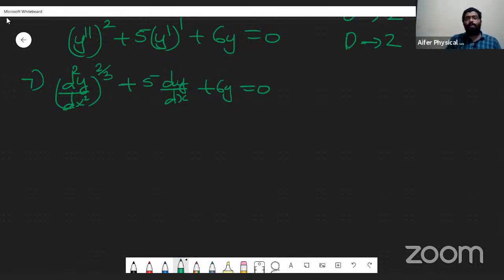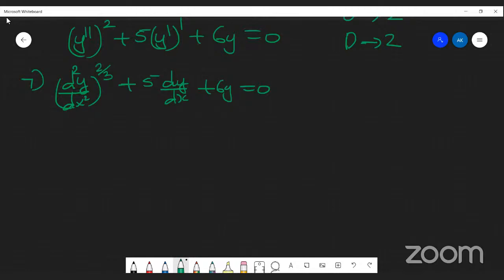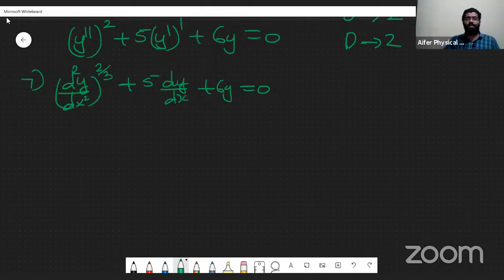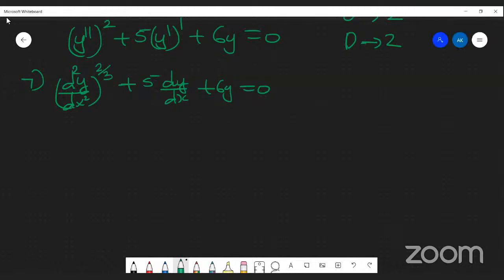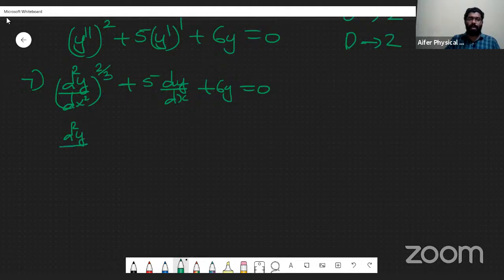Okay, we can go one by one. Here we have 2 by 3. If you multiply with 3 by 2, that will be okay, but the problem is that you will get a 3 by 2 here. So that is not a good way. So I am just multiplying with 3 only.